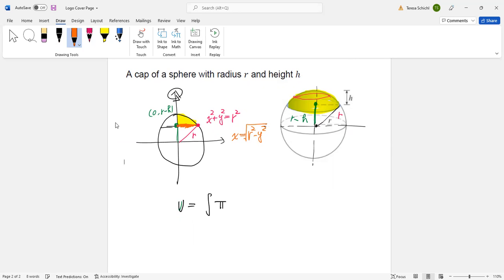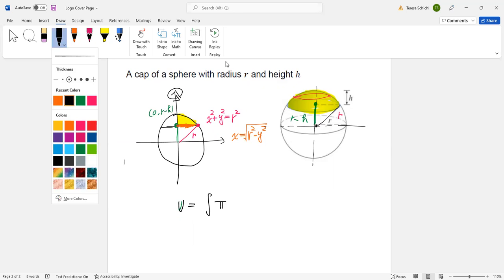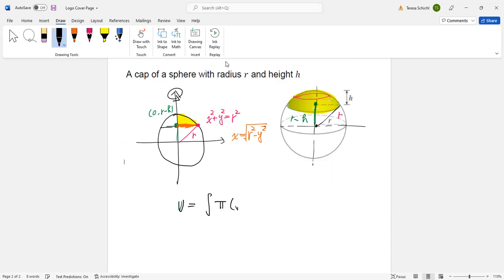So I have pi times the square root of r squared minus y squared, squared, and then I integrate with respect to dy.